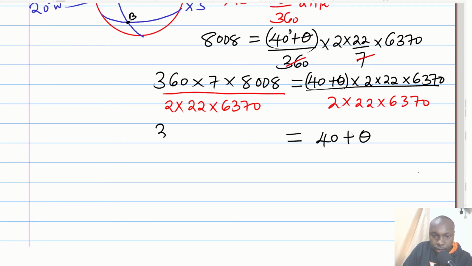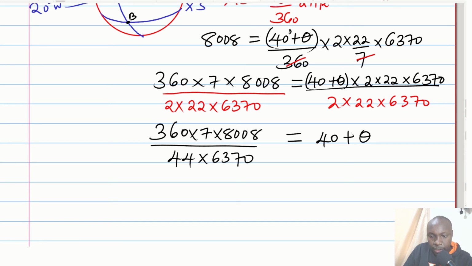For this side you have 360 multiplied by 7 multiplied by 8008, everything divided by 2 times 22, which gives 44, times 6370.